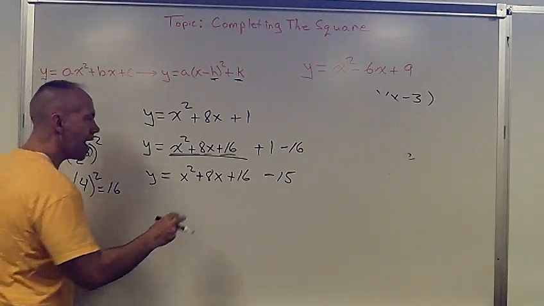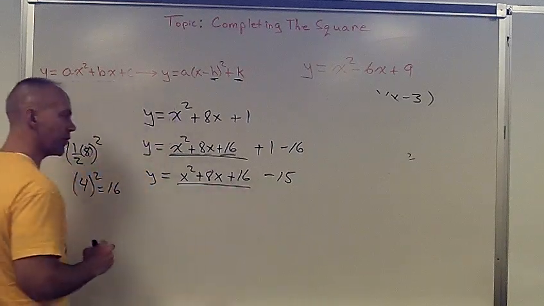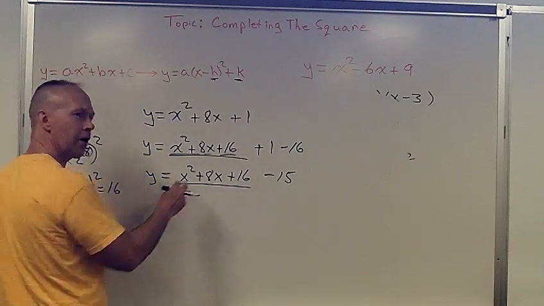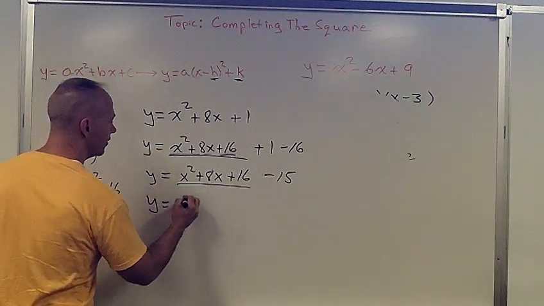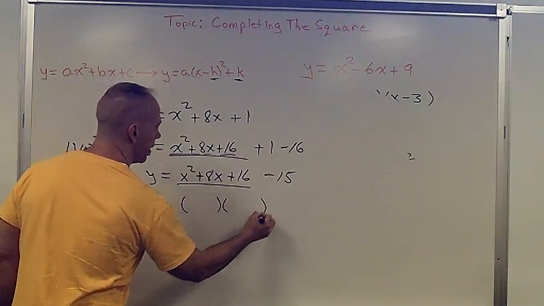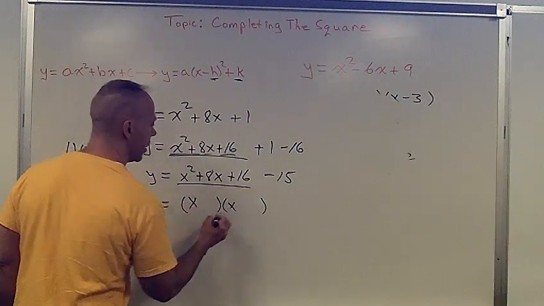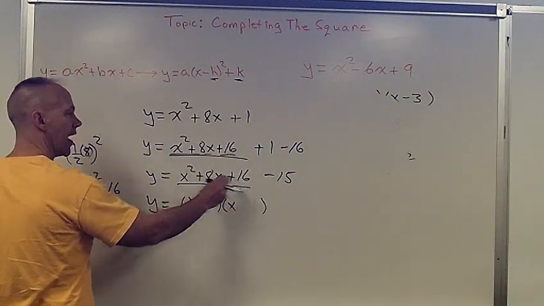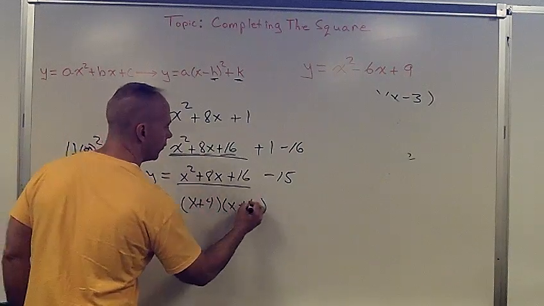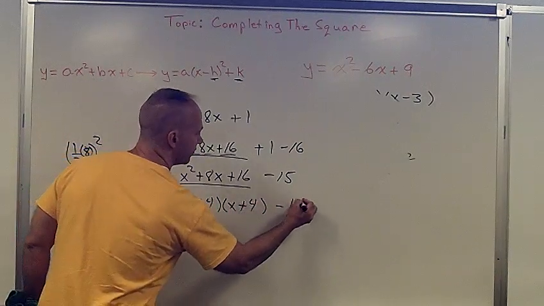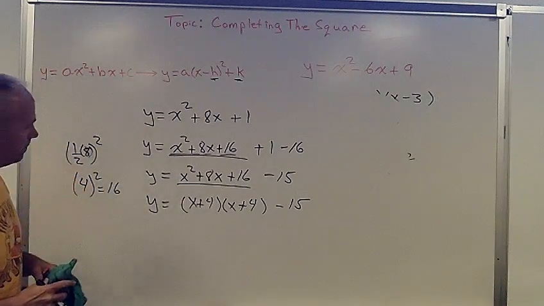Good. Now, looking at this trinomial right here, I've created a perfect square trinomial. This will factor into two binomials. First terms will have to be x. Factors of the last that add up to the second, that's going to be plus 4 and plus 4. The minus 15 stays out there.